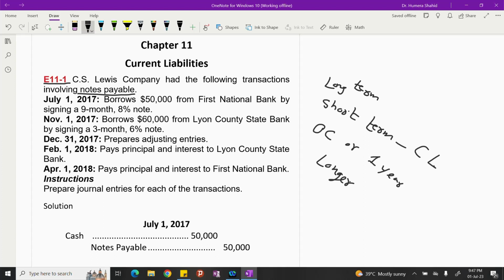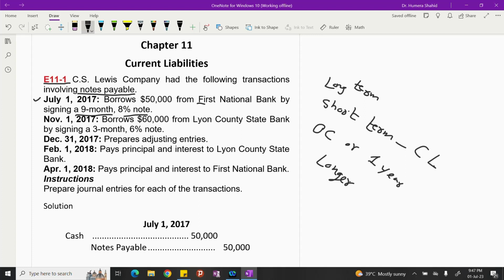So let's read the discussion and then try to figure out whether these notes payable are long term or short term. So July 1st, 2017, Lewis has borrowed $50,000 from First National Bank by signing a 9 months 8% note.